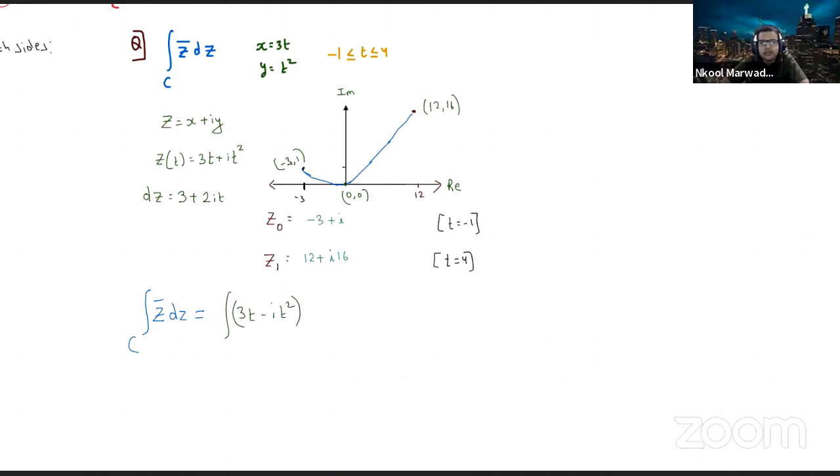So dz by dt will be 3 plus 2it, and dt I can take to this side. So dz will be this. So instead of dz, I can substitute 3 plus 2it dt.